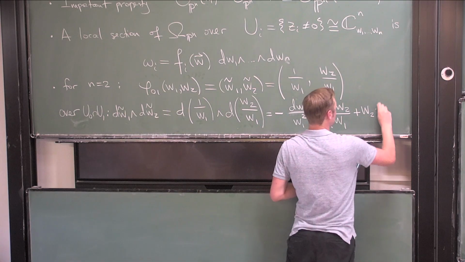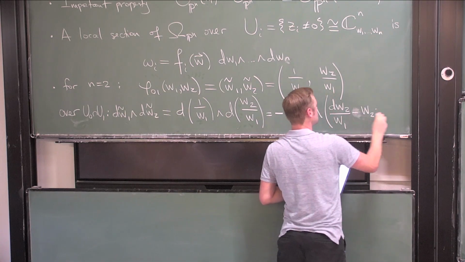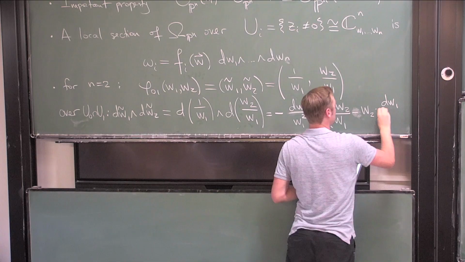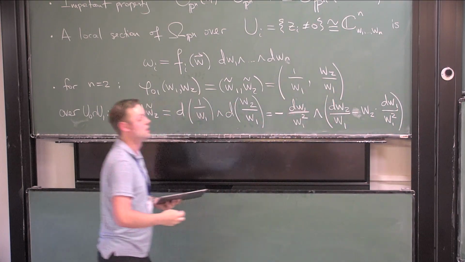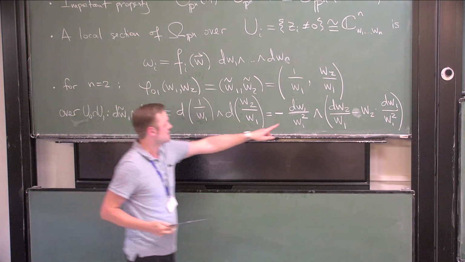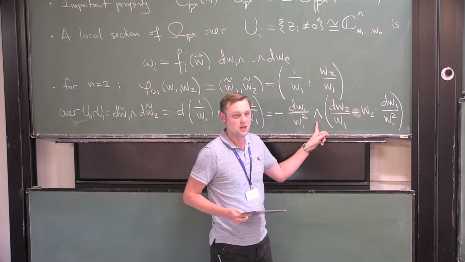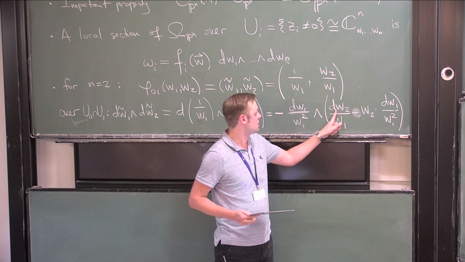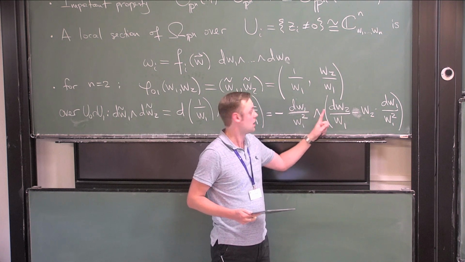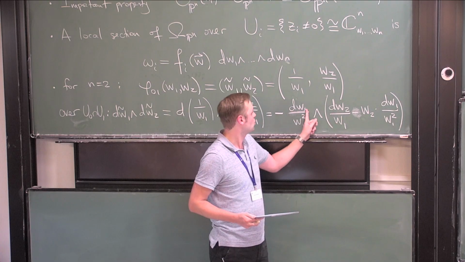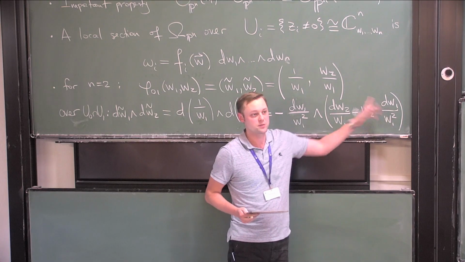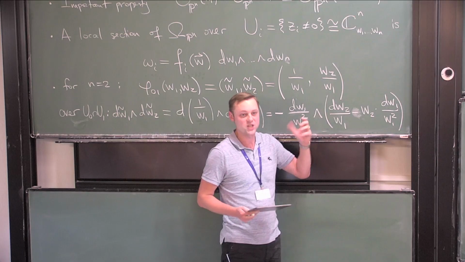This becomes a minus, and I get dw1 over w1 squared. But now, of course, because I'm wedging these things, dw1 wedge dw2 is a perfectly fine 2-covector, but dw1 wedge dw1 vanishes because wedge is anti-symmetric.